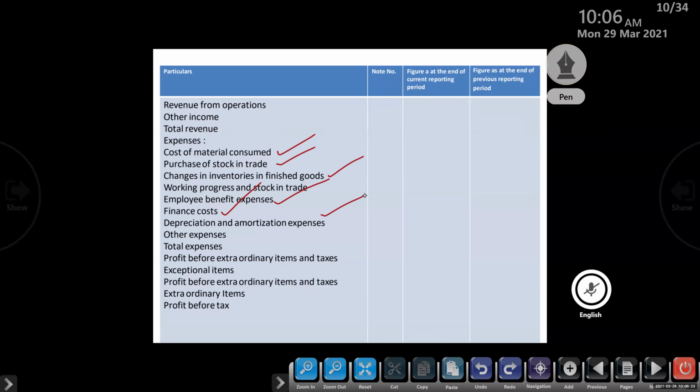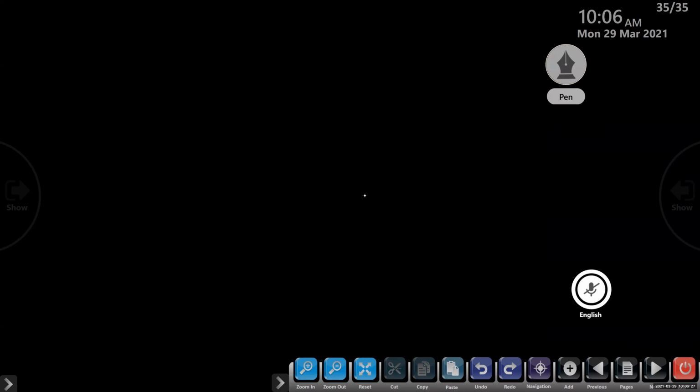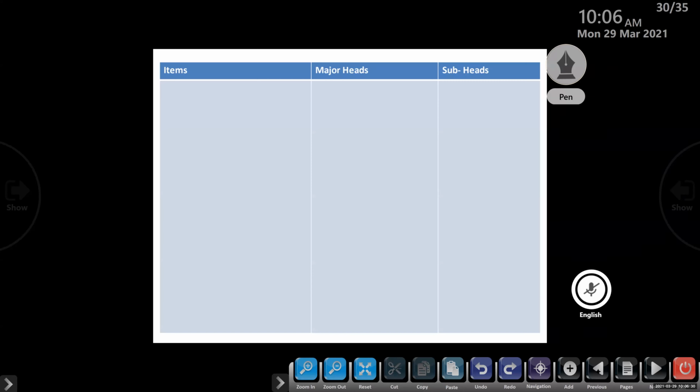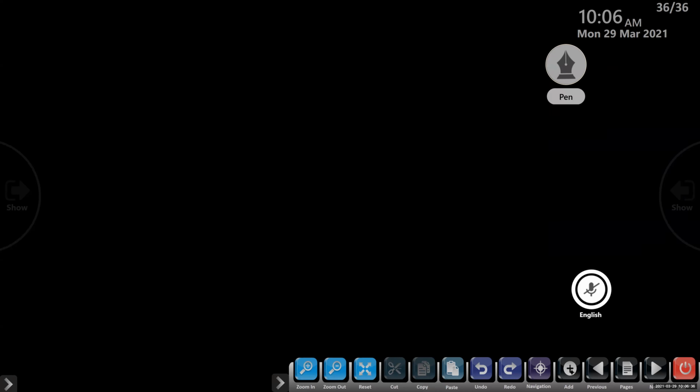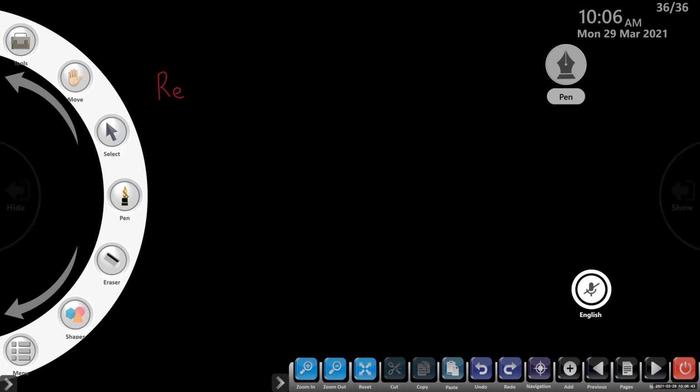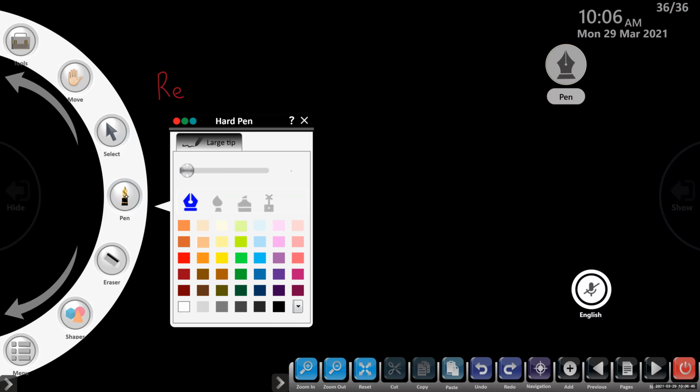Here I will tell you the main ones that you have to study. In the same column, revenue from operations, this you have to write.